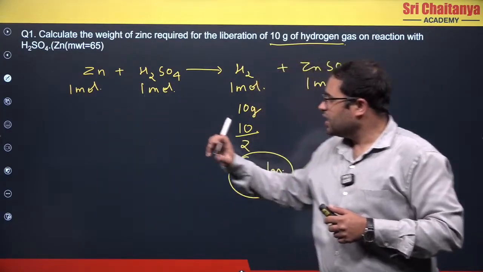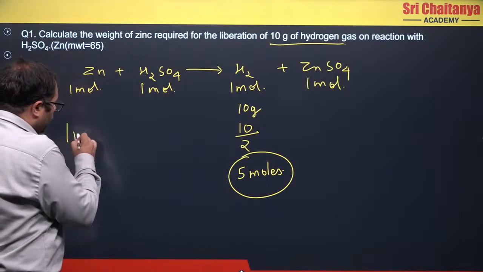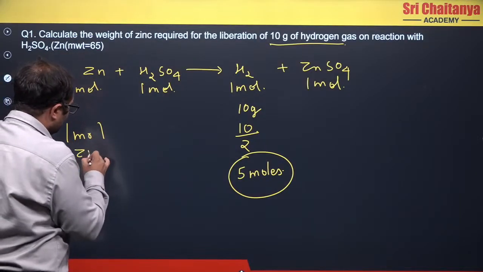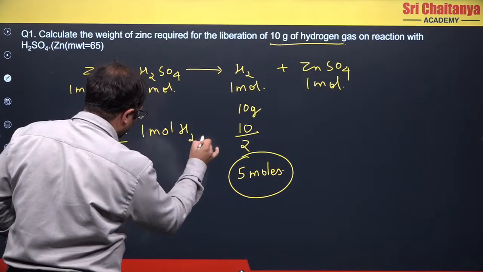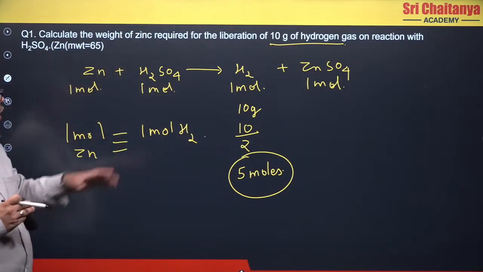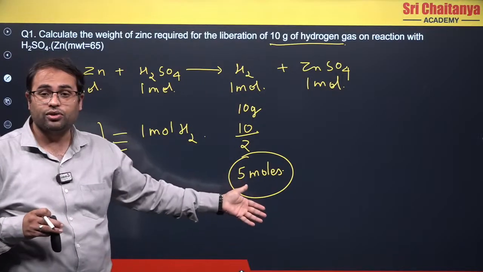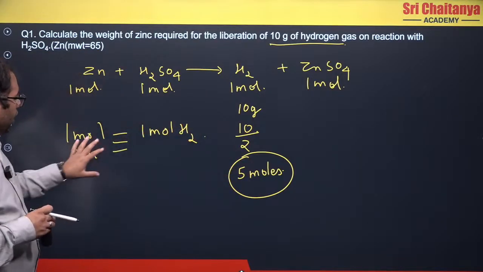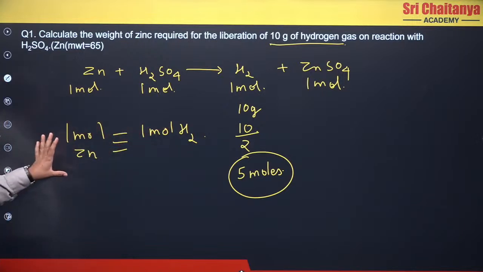You can clearly see that the relationship between them is that 1 mole of zinc is equivalent to 1 mole of H2, right? So how many moles of zinc would have reacted to give this much hydrogen? Well, if 1 mole of hydrogen is liberated, it is liberated from 1 mole of zinc.